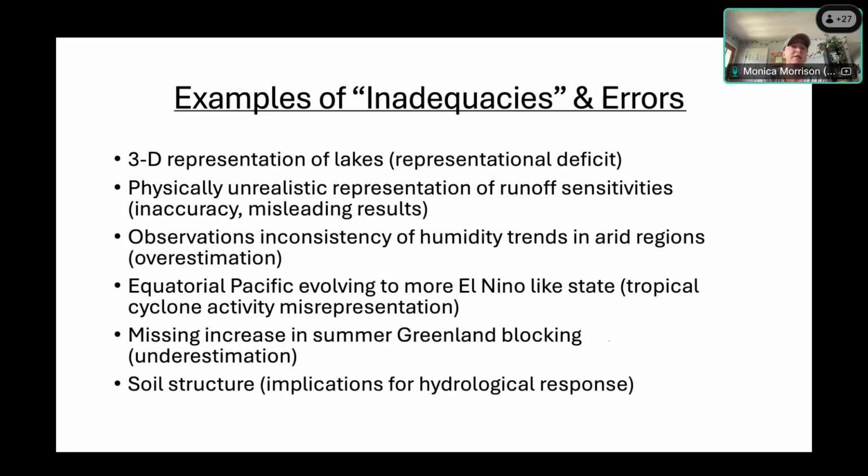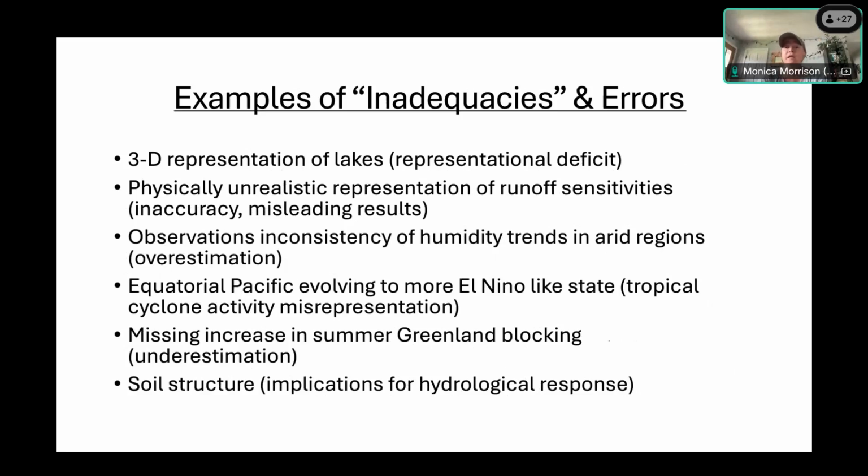We also have various things due to simplifications or compensating errors, like physically unrealistic representations of runoff sensitivities. Some models have represented an increase in runoff with an increase in temperature, which in many regions is inconsistent with what we know to be theoretically accurate.